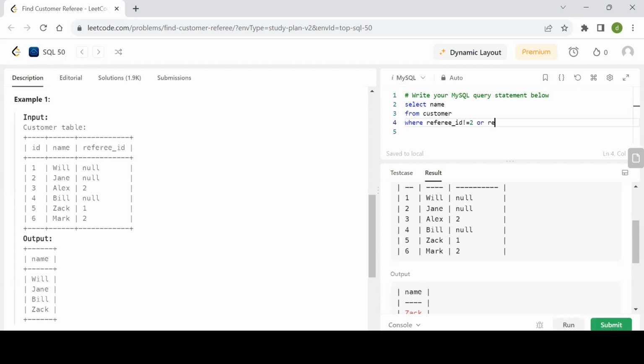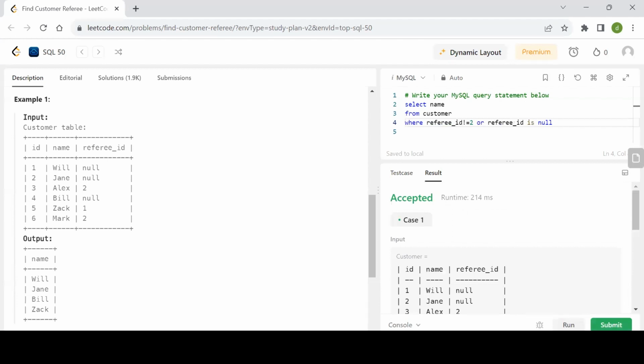So, referee ID is null. Let's run this. So our case got accepted because we have captured both the scenarios. We have captured the scenario of Zach and we have also captured the scenario of the null rows. So this is one way you can write your negation clause along with your null clause.